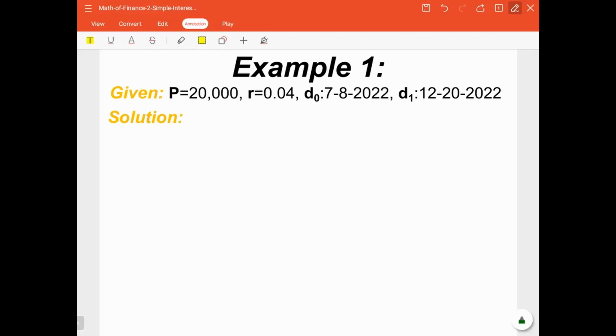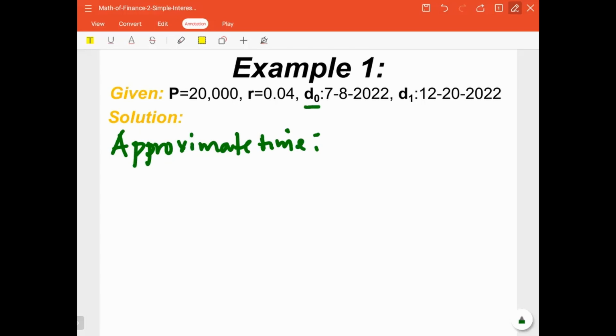So we'll start with the approximate time. First, we write this loan date and the maturity date following this format. We start with the year, then the month, then the day.